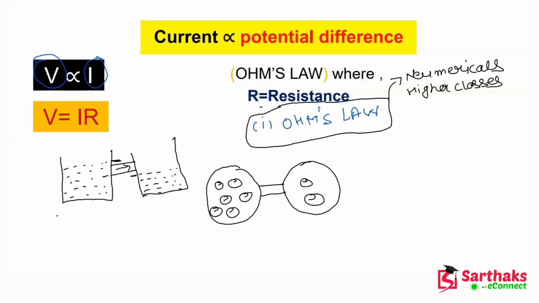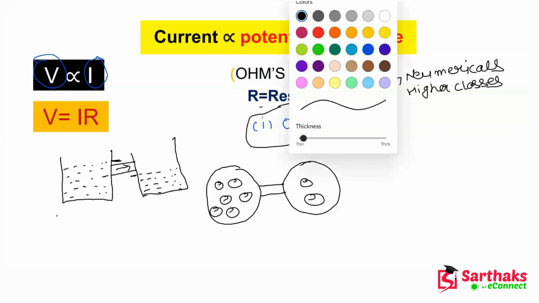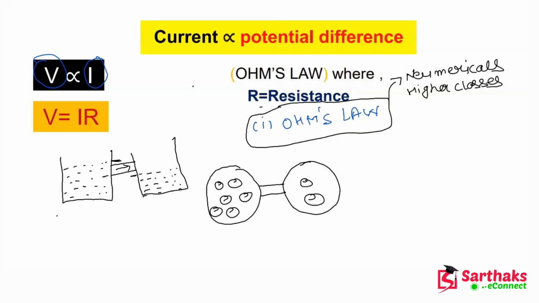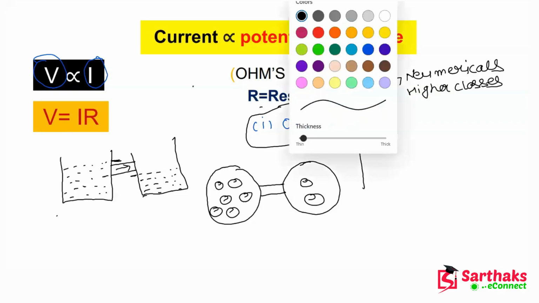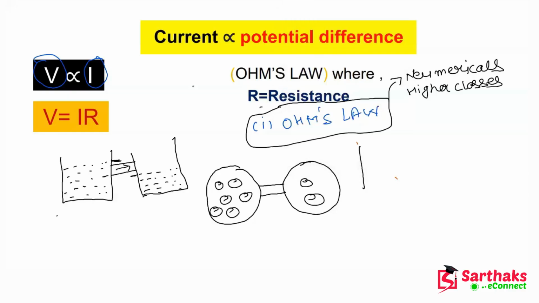Now, what if I take another situation? This is also a jar and this is another jar. What if the level of the water in both jars is the same? If I connect them, the water will not flow.